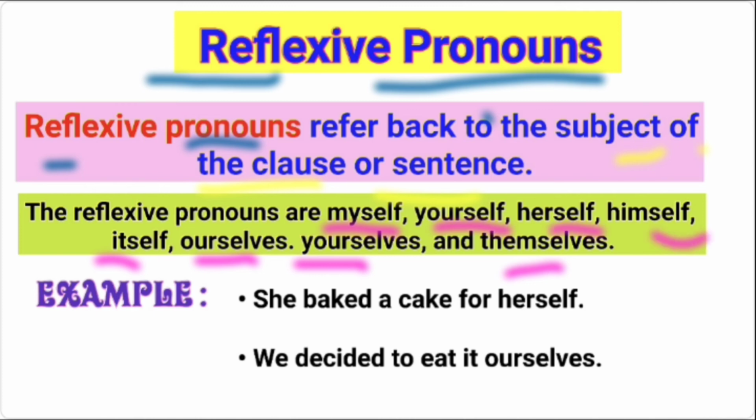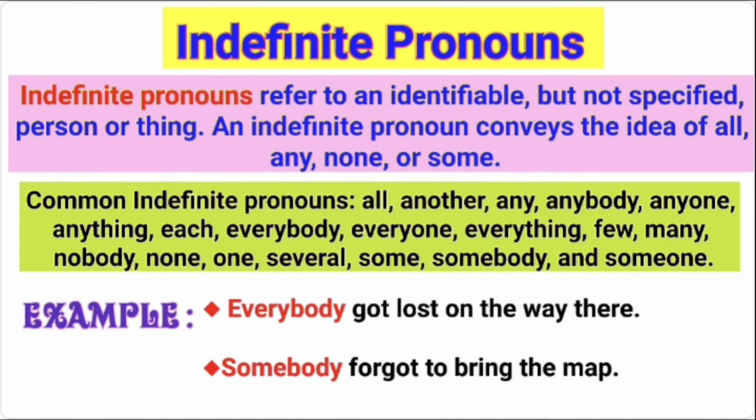These are the examples of reflexive pronouns. Two sentences for you. She baked a cake for herself. We decided to eat it ourselves. So students, here herself and ourselves are both reflexive pronouns.